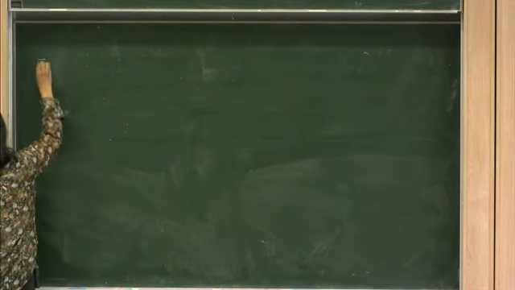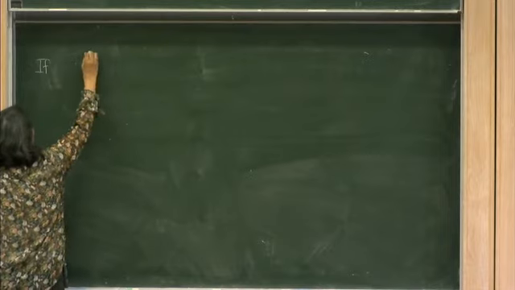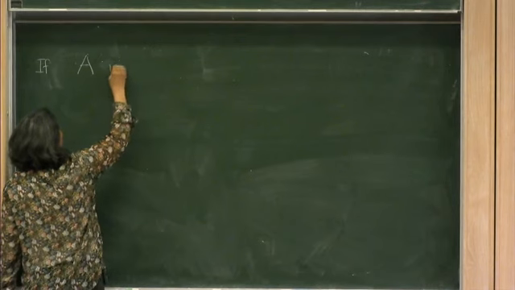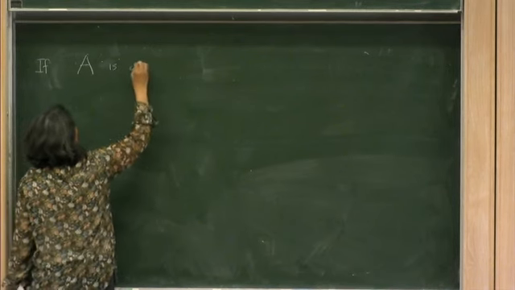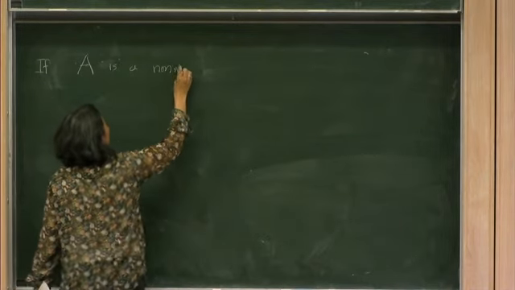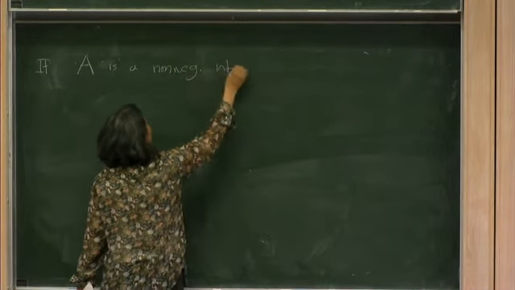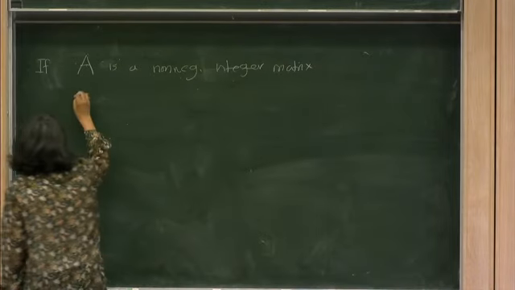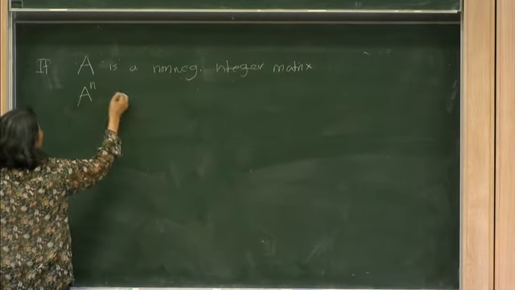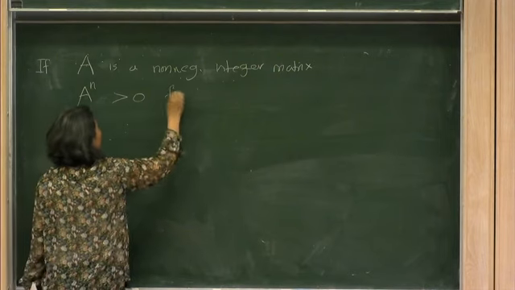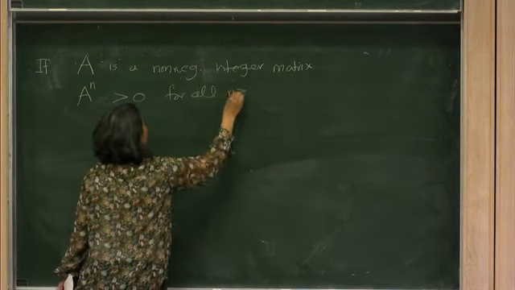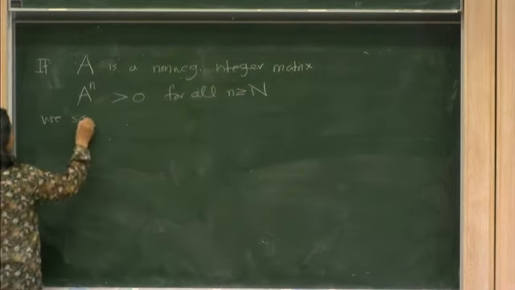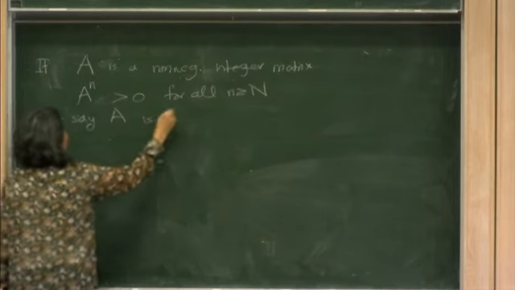Let's say A is a non-negative integer matrix, and A to the n is completely positive for all n bigger than or equal to some number, then we say A is Perron-Frobenius.